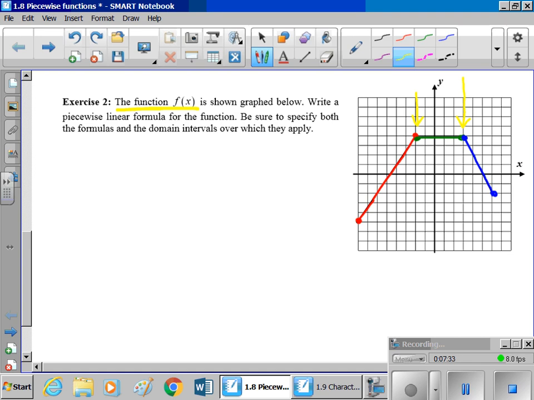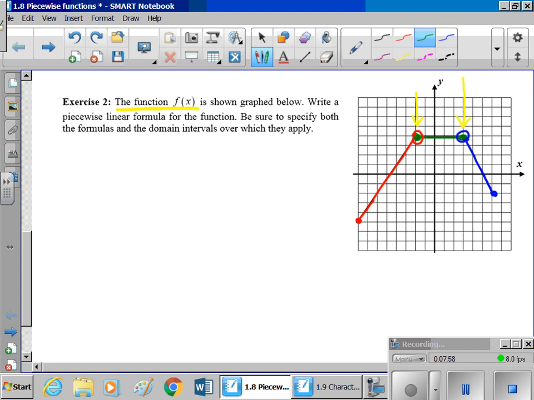Because they're asking us for this, we can decide what we want to do. So let's say, for example, we're going to make the red function be an open circle here, and then we'll make the green be a closed circle. We could do the same thing for the blue section. Let's make the blue section the open part, and we'll make the green the closed part.